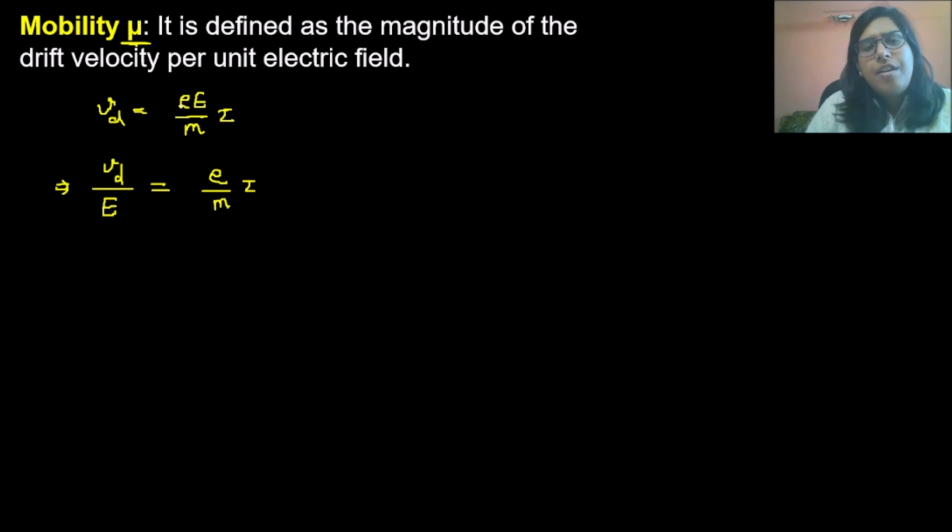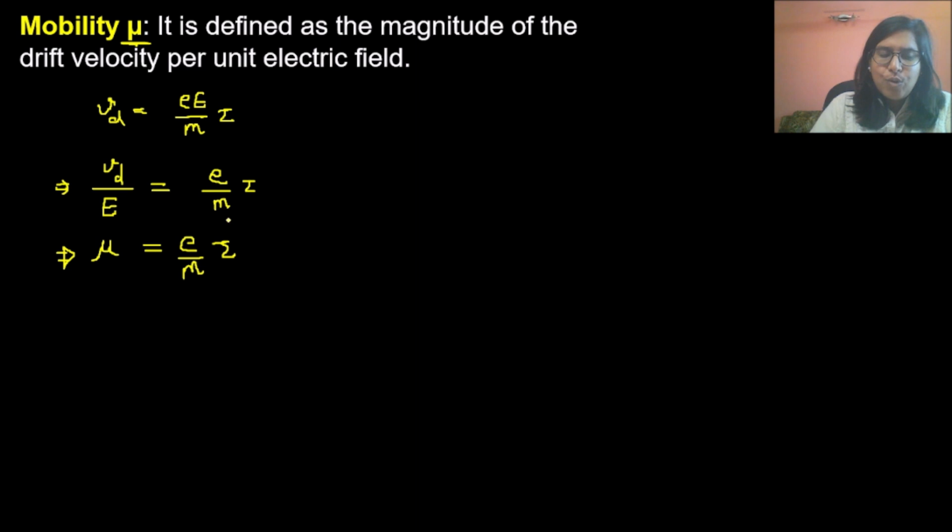Now here we are writing only magnitude, so this will be mobility, right. So formula of mobility will be e by m into tau, right? e is the charge, 1.6 into 10 raised to power minus 19 coulomb. m is the mass of electron, and tau is the average time between two continuous collisions. So remember this formula also.